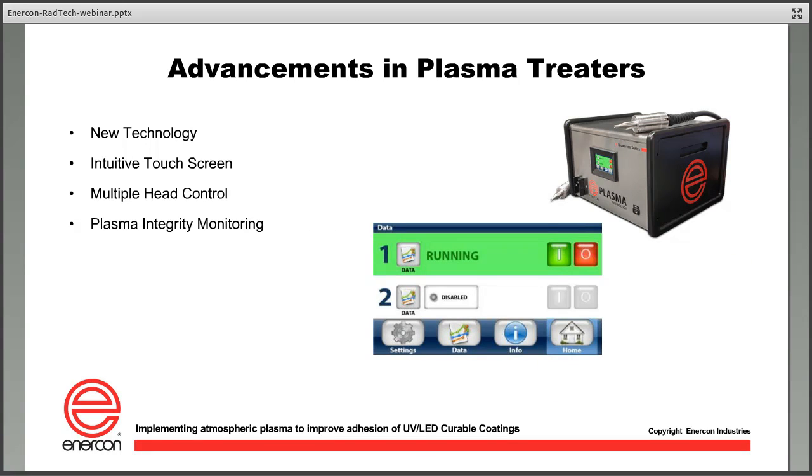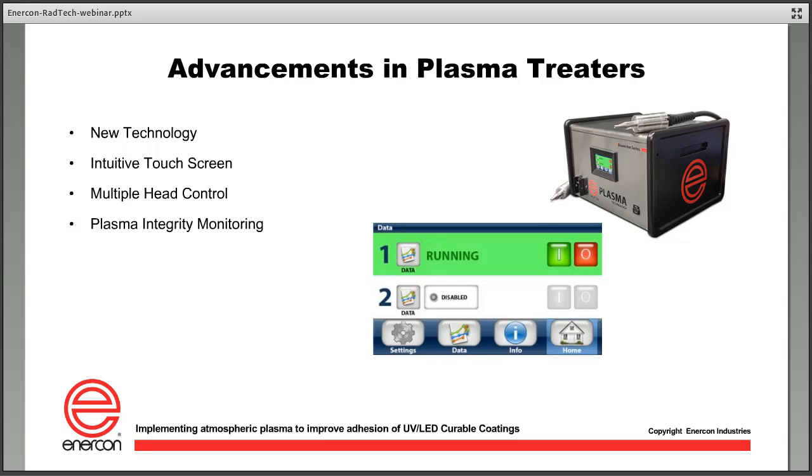So that ties me into some of the advancements that we've been making in plasma treating technology. If you're familiar with it but maybe haven't been at the forefront of it lately, one of the huge things that Enercon specifically has been developing, and you've been seeing out there in the market, is data collection, especially in medical device manufacturing, but we understand this is becoming more and more of a demand in a lot of different industries.